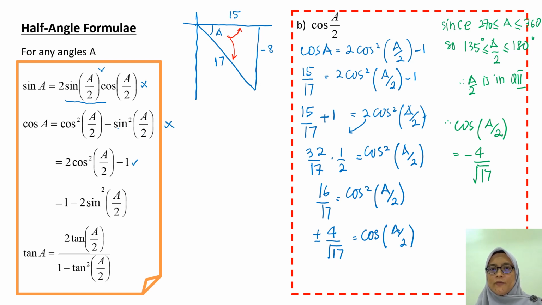We have to refer from the beginning that angle A is in the fourth quadrant. So for A over 2, we have to divide its interval again, so we get the quadrant for the half angle. So from here we get cos A over 2 is negative 4 over square root of 17.